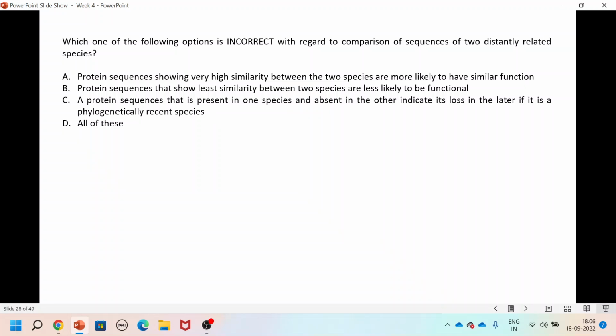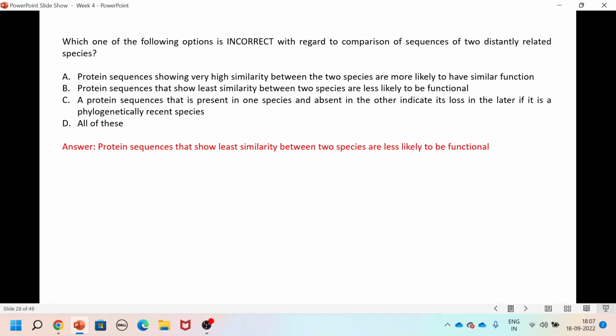So, basically, if we are comparing the sequences of two distantly related species, the incorrect option is option B, I'm so sorry. The correct answer is option number B, because for the protein sequences that show least similarity between two species, it is not necessary that they are less likely to be functional, but we can say that they are less likely to be functional in the other species.